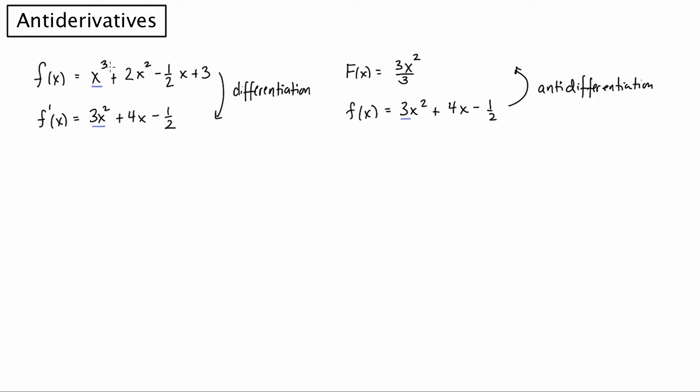And then rather than subtracting 1 from the power, I should add 1 to the power. So same thing here. I multiplied by 2 to go from here to here, and I subtracted 1 from the power. So I'm going to divide by 2 and I'm going to add 1 to the power.